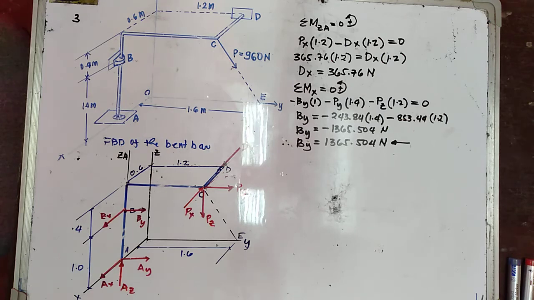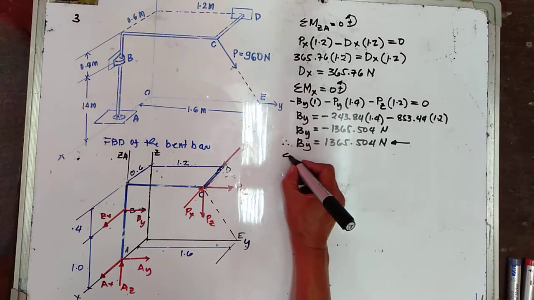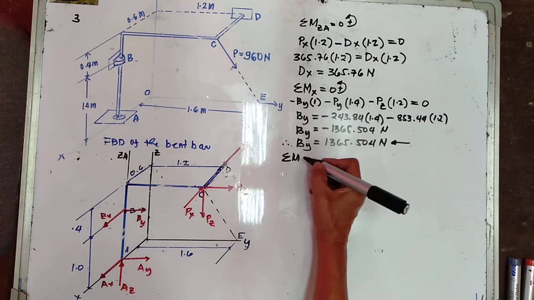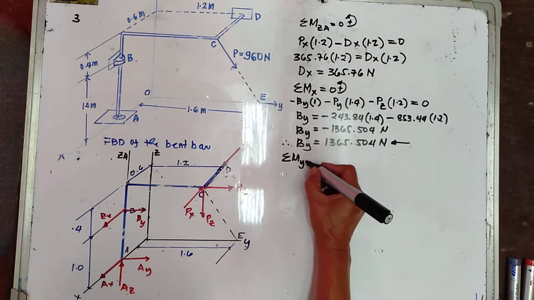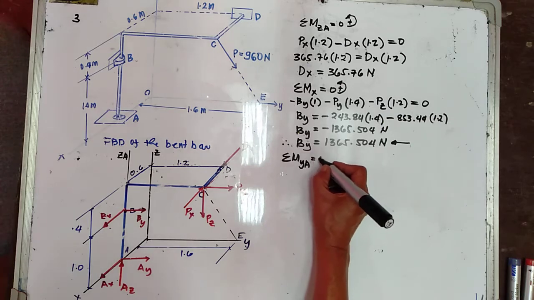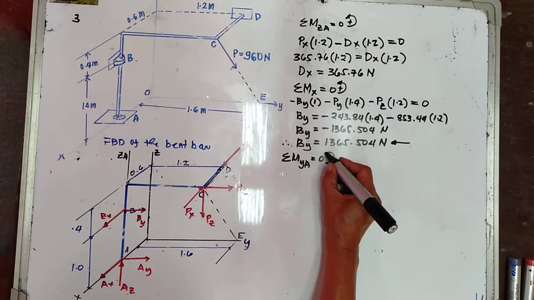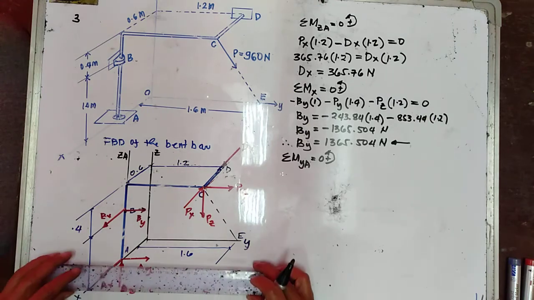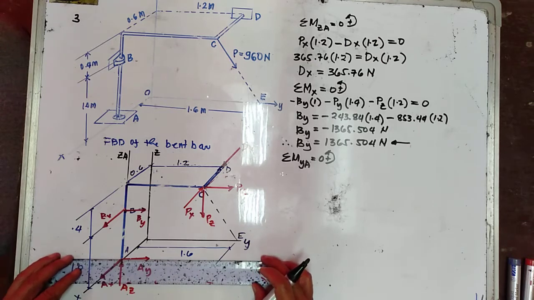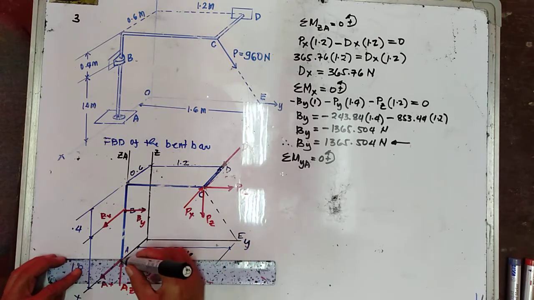Now, let us try to take summation of moment about the axis YA is equal to 0, counterclockwise moment, positive. So that is your point A. So let's try to draw a parallel line to the y-axis.